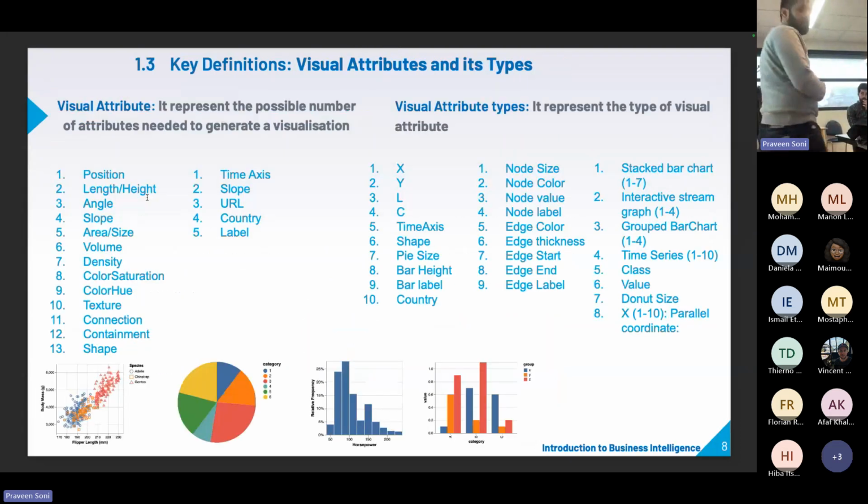And this is the other part: visual attributes and visual attribute types. Why am I repeating this slide? Because today again we are going to use these things. So four concepts you have to take care of: the data and data attributes and data attribute types, and visual attributes and visual attribute types. These four things are going to help you in the Vega-Lite visualization generation.